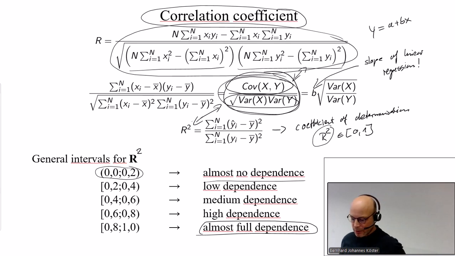And then you, of course, would find an R squared between these two currencies which is in the neighborhood of 1 or almost 1.